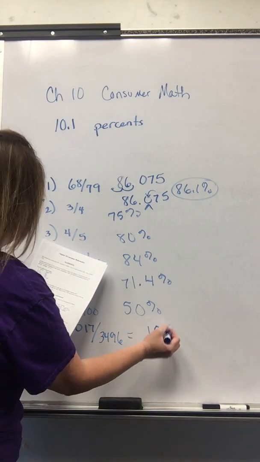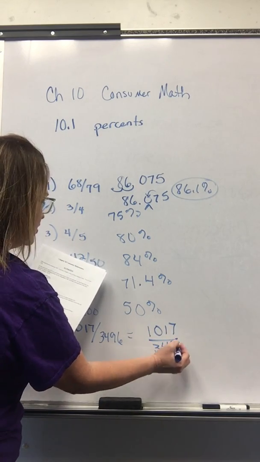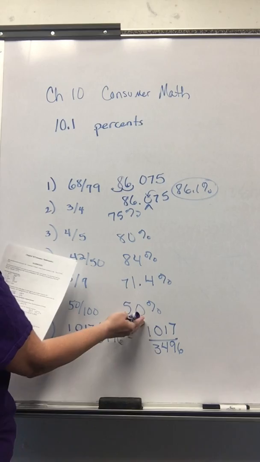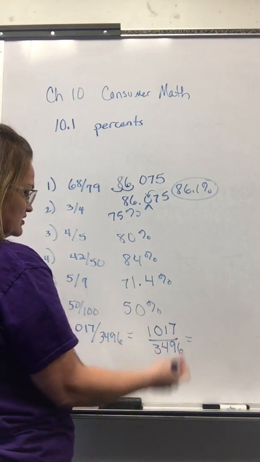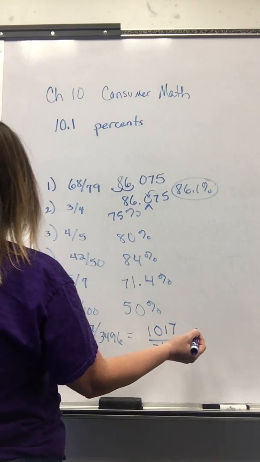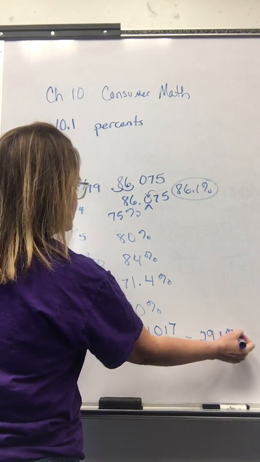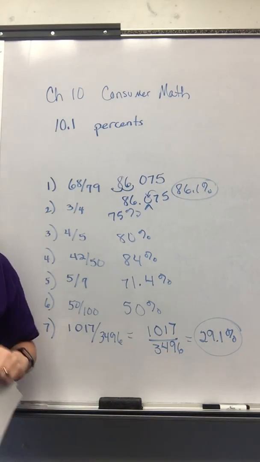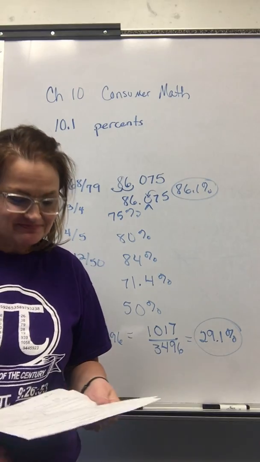So then that would be 1,017 is the amount divided by the total respondents to get your percent. How much is this out of that? Same thing we've been doing up here, but just a little more application based. And that came out to be 29.1%. About a third of us think that's when you're considered officially old, according to this survey.